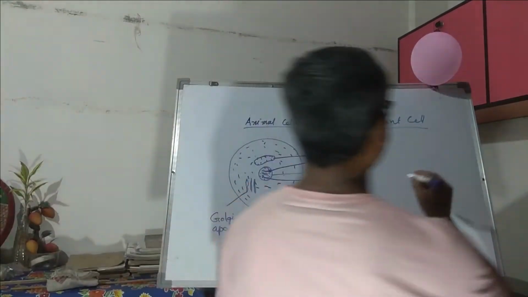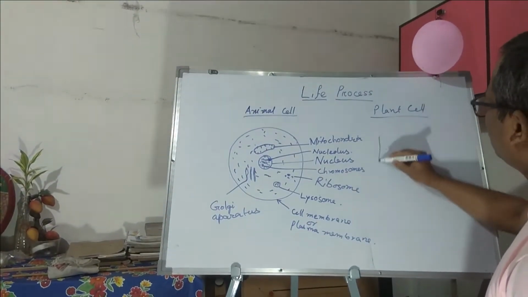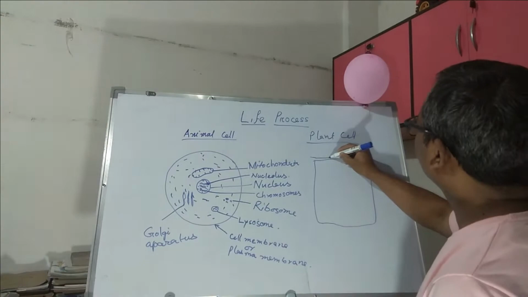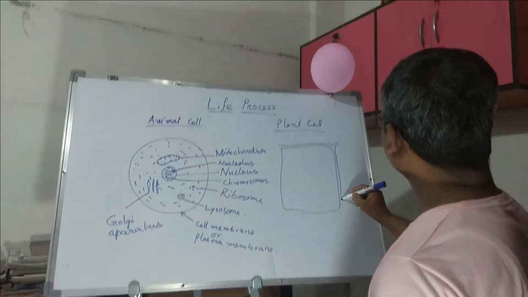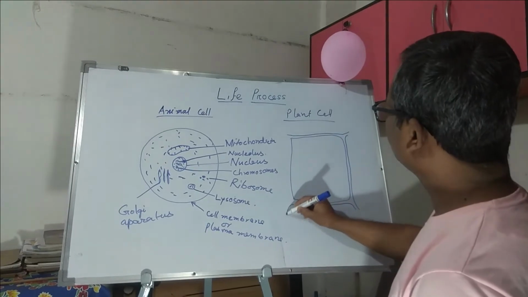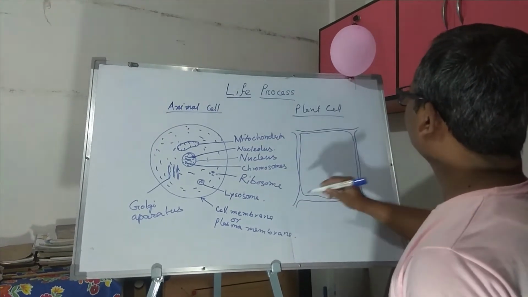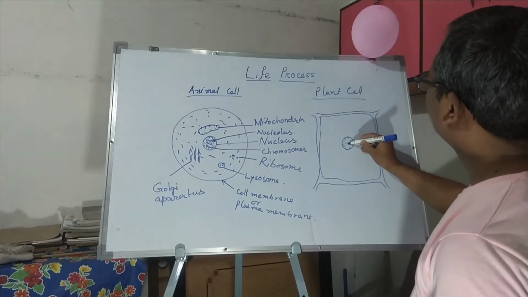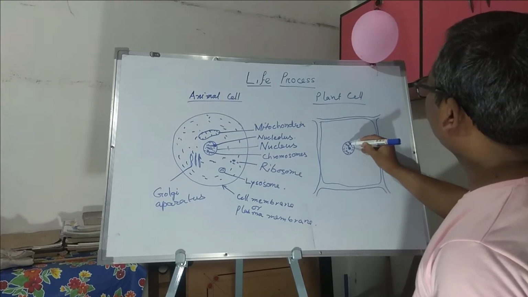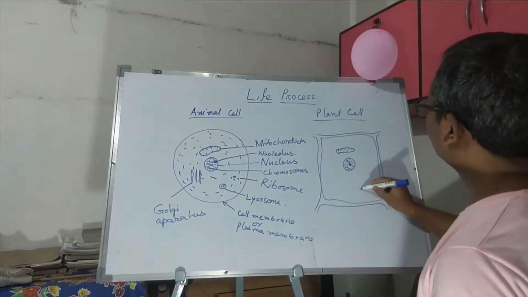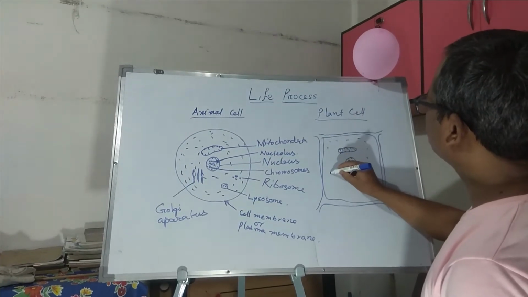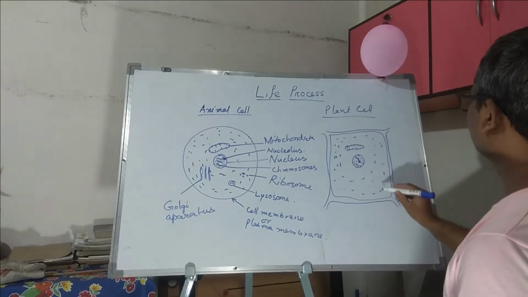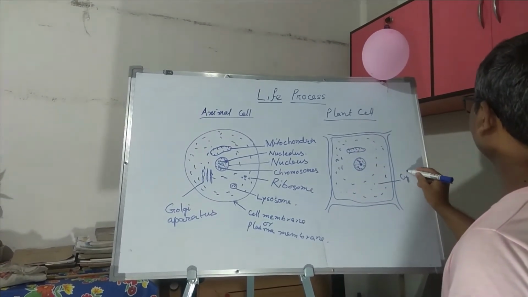Here I am going to draw a plant cell. This is a plant cell. Here is the nucleus, same as you have seen in the animal cell. This is the matrix or cytoplasm.